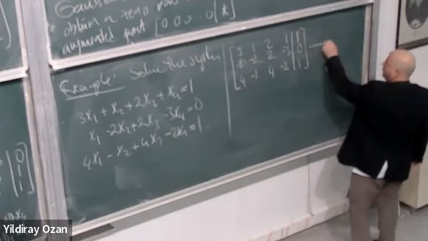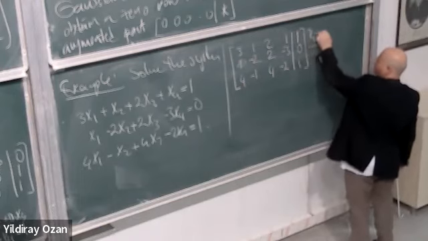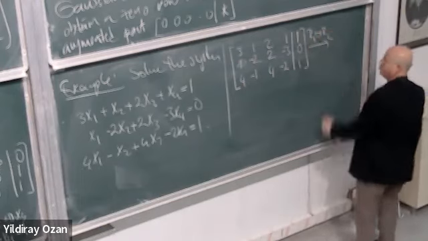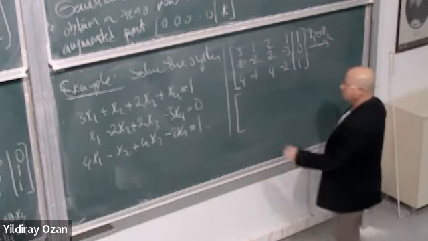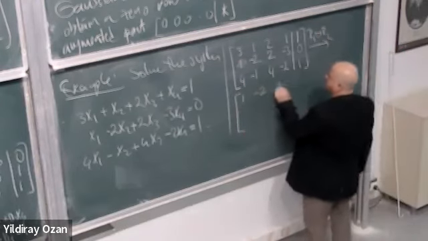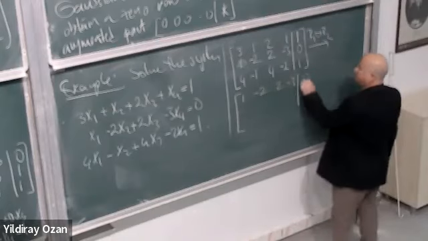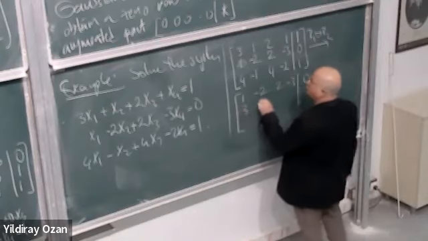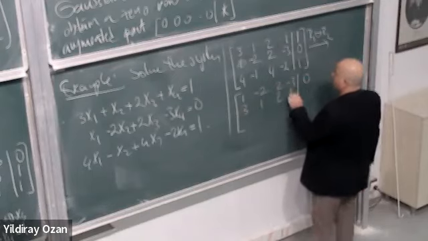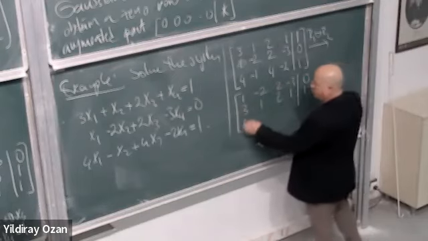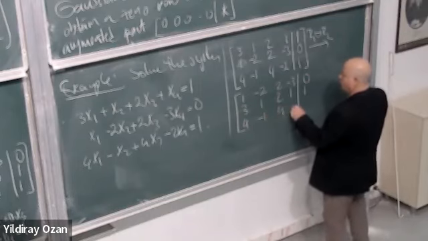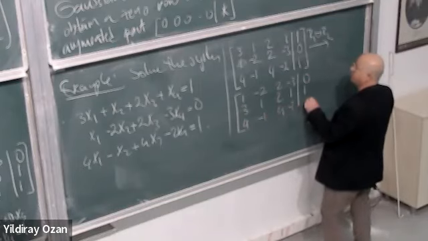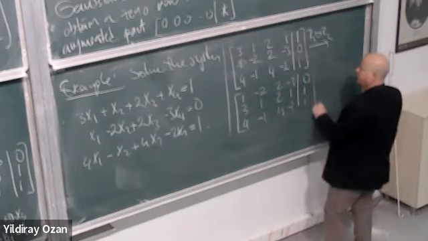Okay, we interchange first and second rows. We obtain this. 1, minus 2, 2, minus 3, 0, 3, 1, 2, 1, 1, 4, minus 1, 4, minus 2, 1.